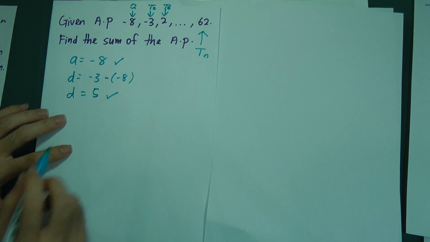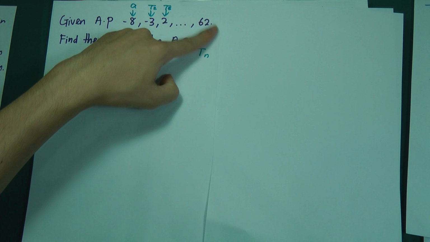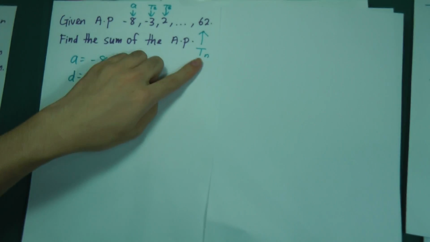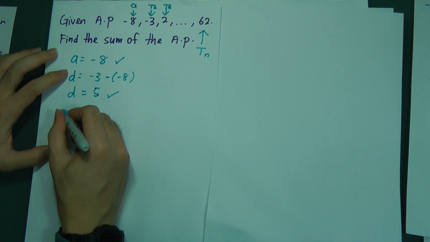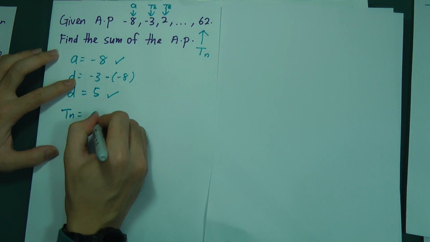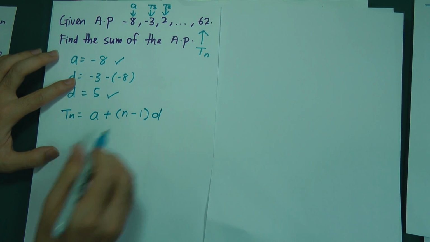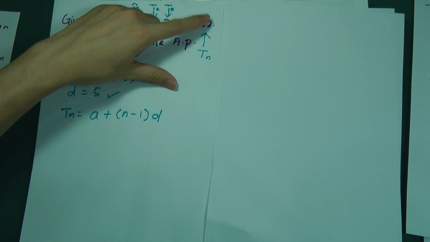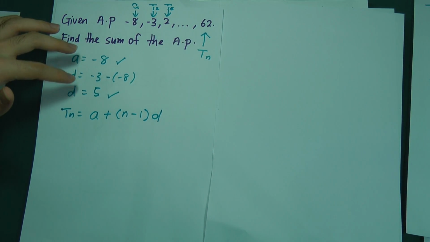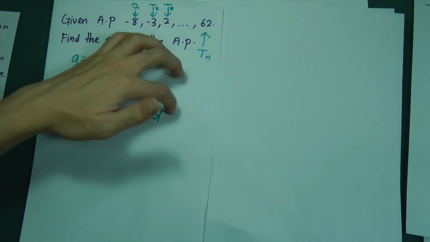Now we want to find out which term this is. We know Tn is equal to A plus n minus 1 multiplied by D. To find out which term this is, you must have the value of this term, and you must have at least A and D, because here you have 3 unknowns.